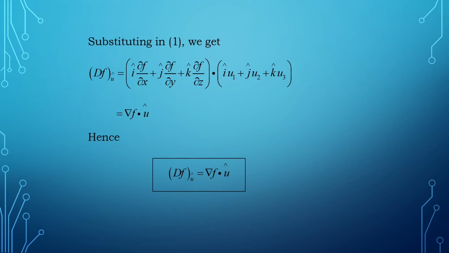Now we get df at u cap equals del f dot u cap. So the directional derivative of the given scalar field w equals f of x comma y comma z in the direction of our given vector u cap is df at u cap equals del f dot u cap.